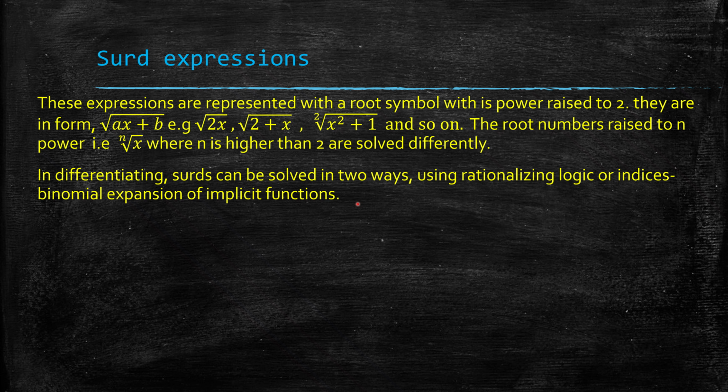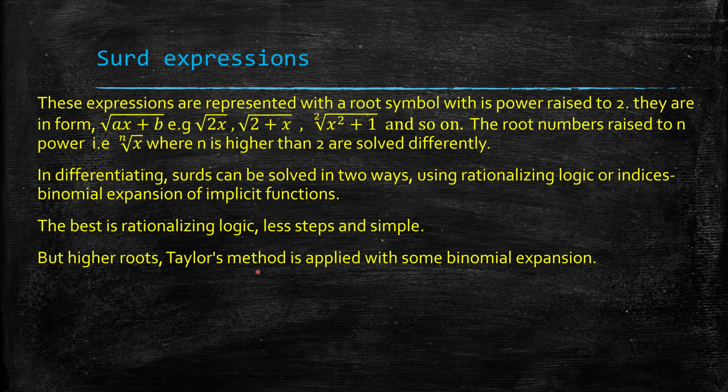But if you want more videos about this, please comment, then I'll be able to share with you how to use the indices binomial expansion of implicit functions. But I would encourage you that the best way is this one, and it also has fewer steps for you to get the answer that is required.